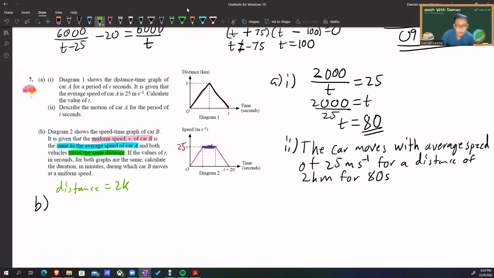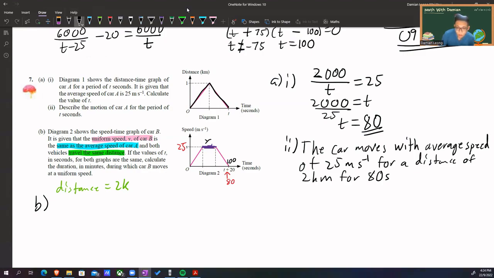If the values of t in seconds for both graphs are the same, t here is 80. Okay, so I want a duration during which car B moves at uniform speed. So I know here is 100.